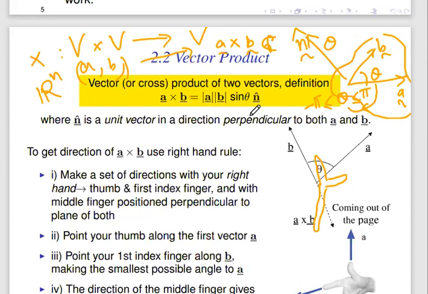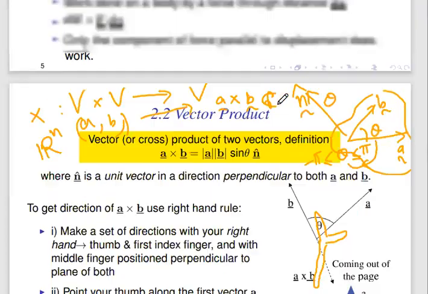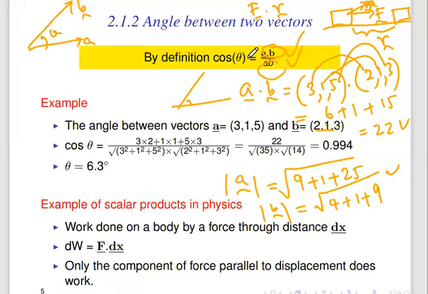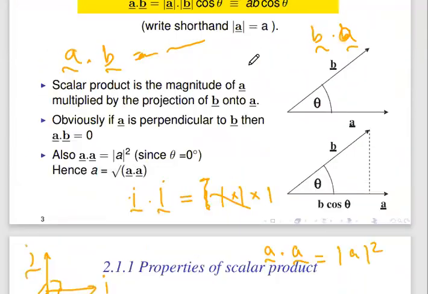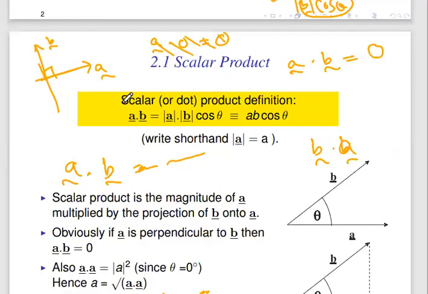Not only for three dimensions, but for n dimensions, this is the general definition. This is also the general definition for the scalar product.